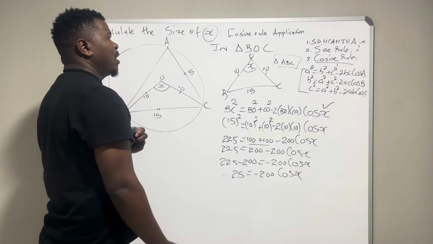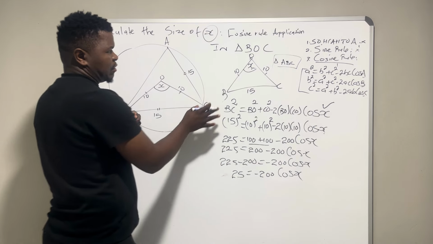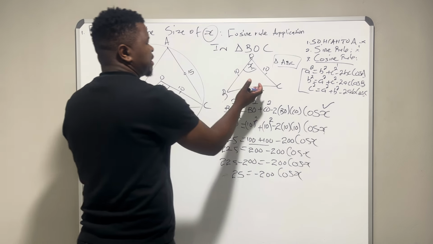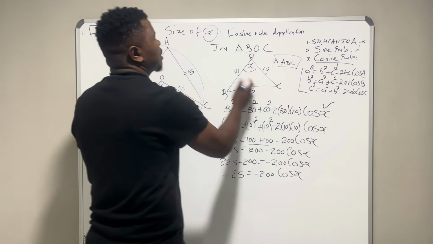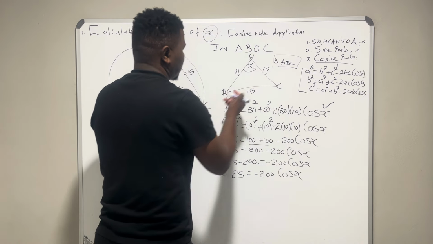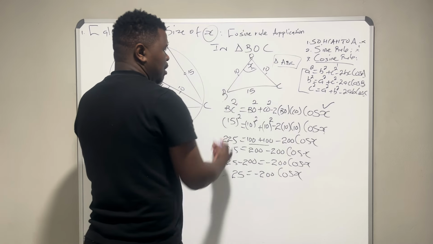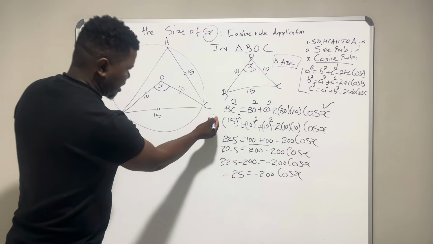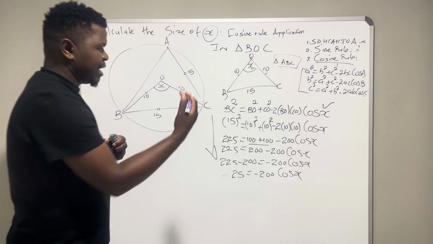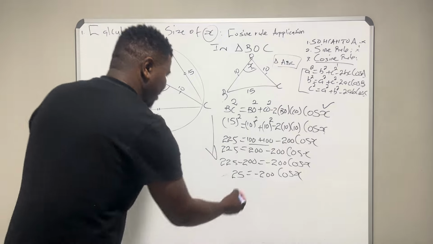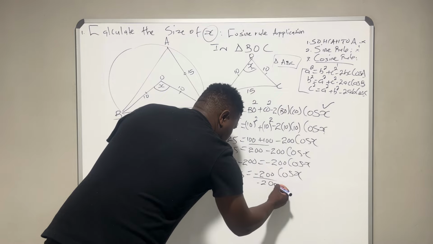From here it is not a problem. Once you can take this and manage to abstract the triangle, which leads us to this step, and be able to create your own cosine rule using the vertices that we have, then you are winning. Because from here, this is just pure algebra.